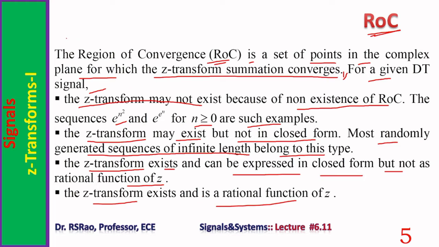These are all possibilities pertaining to the Z transform of a sequence. Before closing on ROC, it is to be reminded that ROC is a region over the Z plane representing certain z values for which the transform converges.